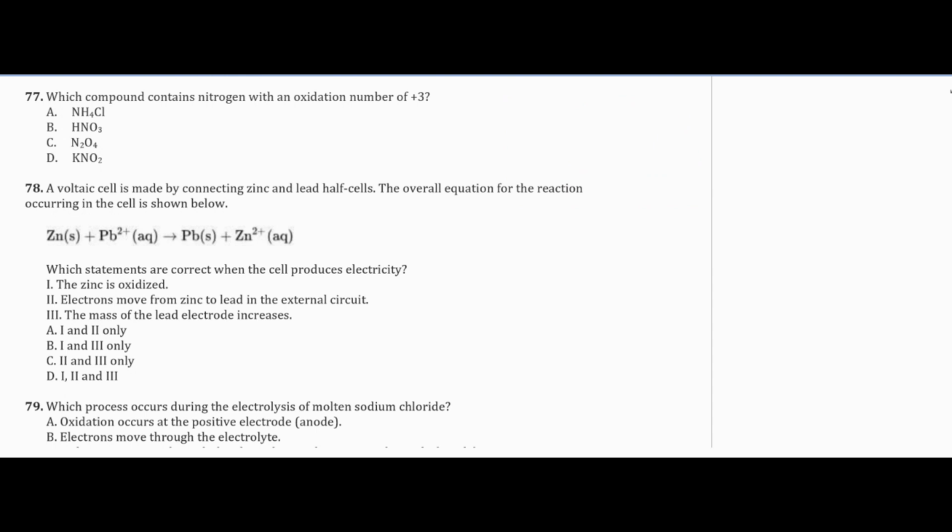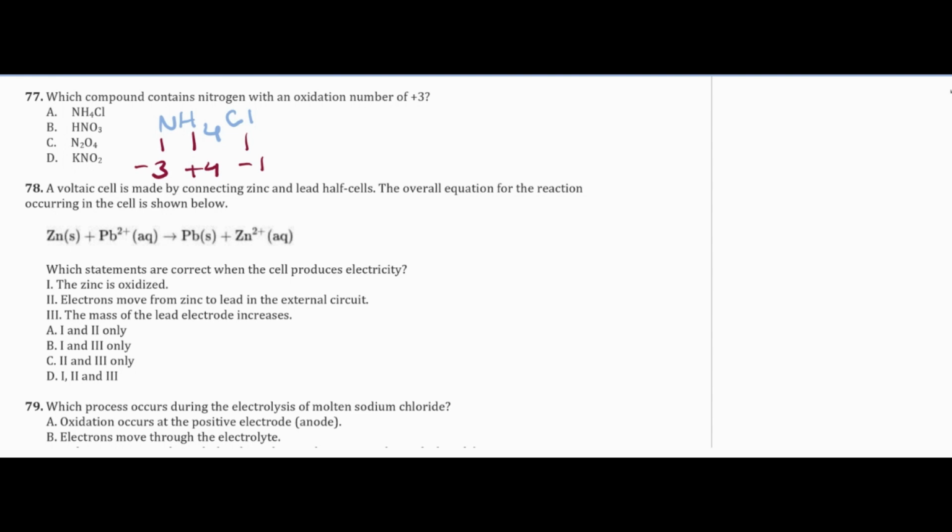77. Which compound contains nitrogen with an oxidation number of +3? Let's take our first one, NH4Cl. The Cl will be -1. The H4 will be +4, which means the N must be -3 to bring us to 0, because all these compounds are neutral.